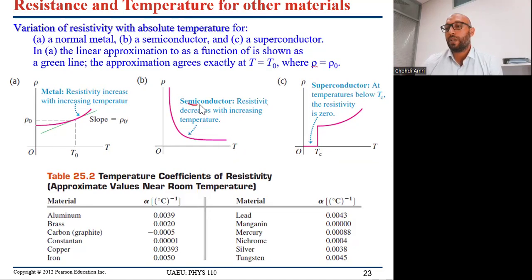In this case, we talk about semiconductors. In the third case, we have resistivity of 0 below a critical temperature. After that, it increases with the temperature. This kind of material is called a superconductor. At a temperature below the critical temperature, the resistivity is 0. After that, the resistivity has the same shape as the conductors, as the metals.